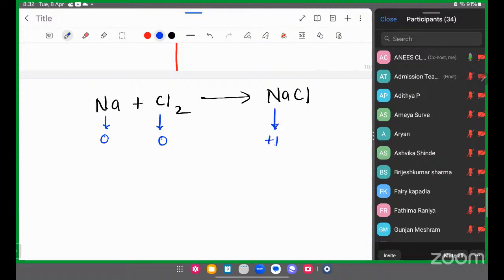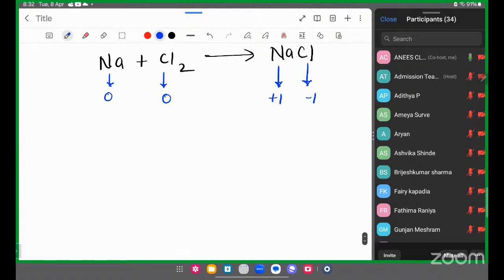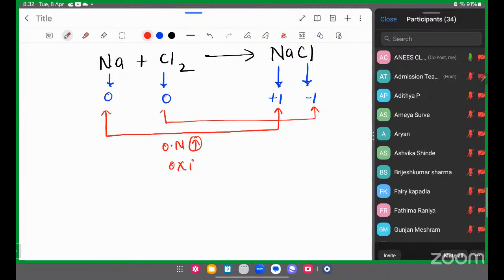So its oxidation number will be +1 and oxidation number for chlorine will be -1. The oxidation number of sodium is going from 0 to +1. Oxidation number is increasing in this case, which means there will be oxidation. And in case of chlorine, it is going from 0 to -1, which means oxidation number is decreasing and hence this will be reduction. Understood or any doubt?